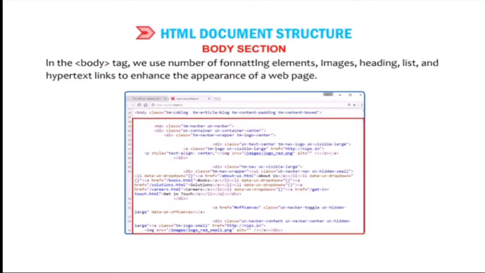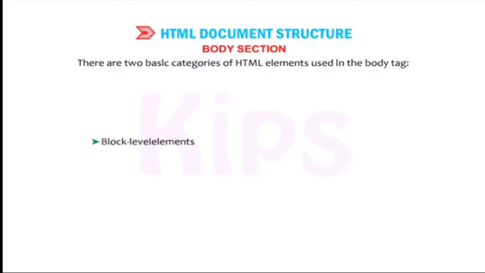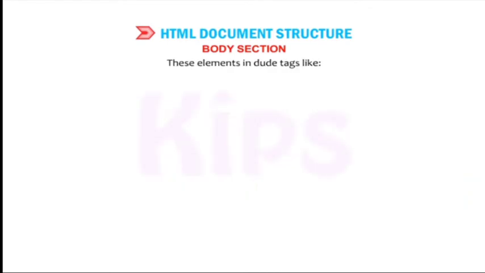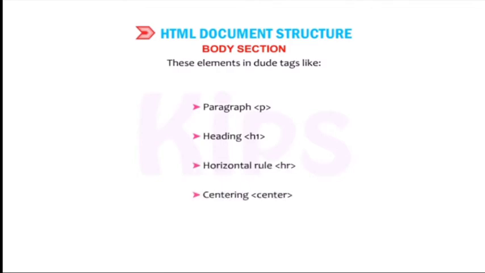of a web page. There are two basic categories of HTML elements used in the body tag: block level elements and text level elements. A block level element takes up the full width available and by default begins on a new line. These elements include tags like paragraph P, heading H1, horizontal rule HR, and center.